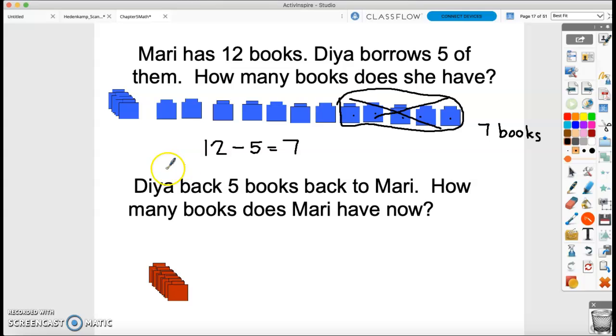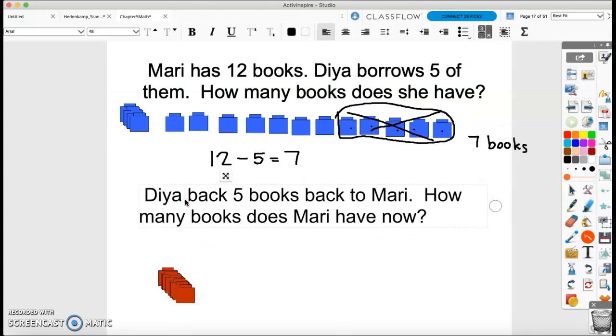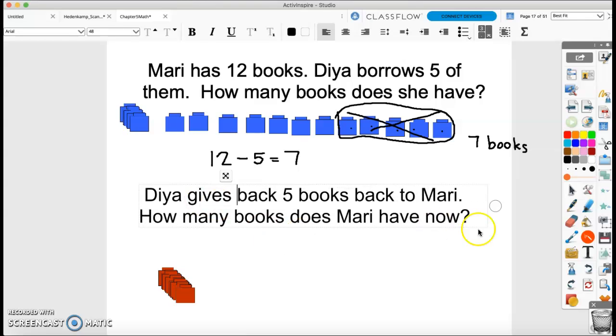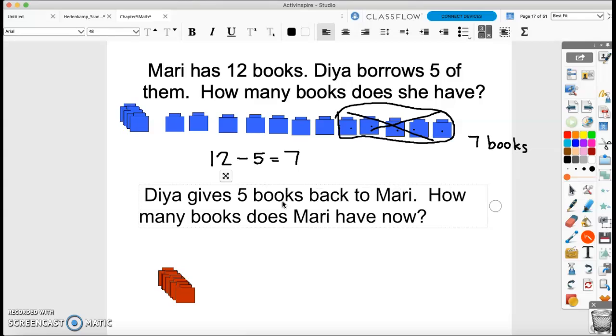Let's read this one. It says, we're missing a word here, Dia gives back 5 books. Let's try this again. Dia gives 5 books back to Mari.